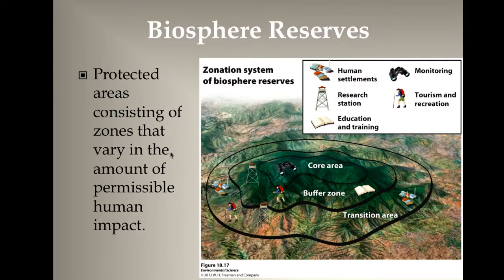The biosphere reserve is just another example of a spillover effect, or a trickle out effect. So you'll get a trickle out of biodiversity from the core towards the transition zones. So that's kind of a neat engineering way of looking at maximizing biodiversity in an area.